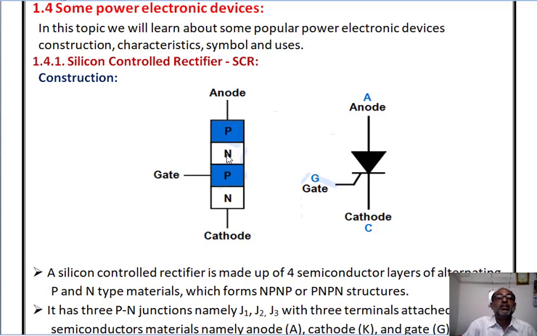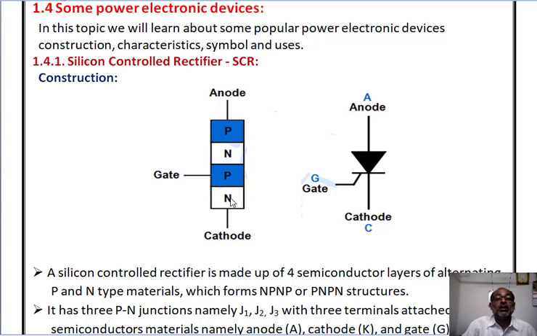The first junction, J1, occurs between the first P layer and the first N layer, junction J2 occurs between the first N and second P-type layer, and similarly junction J3 is formed between the second P-type layer and the last N-type layer.